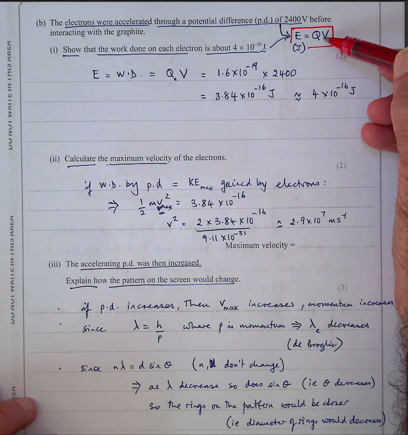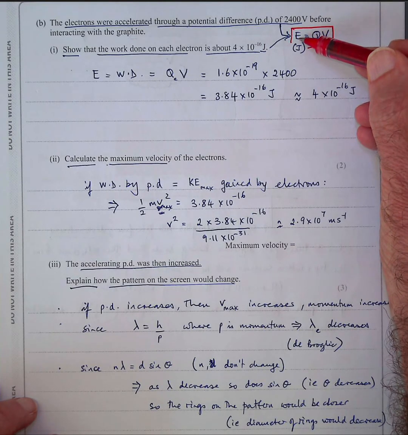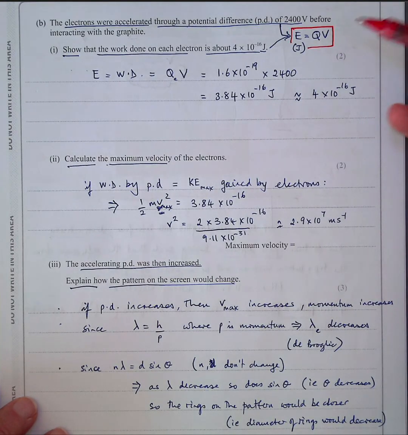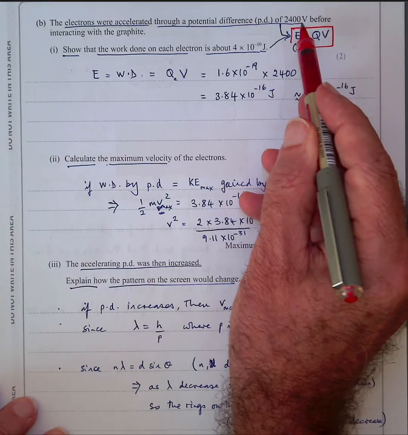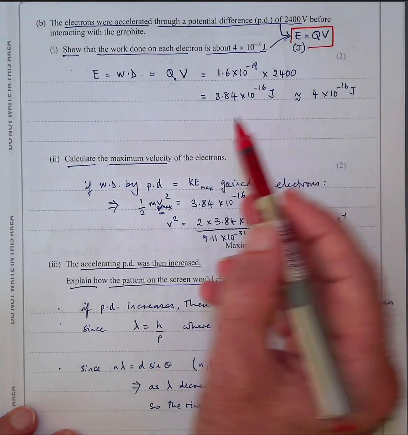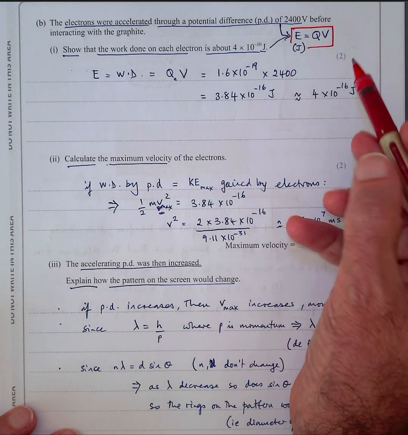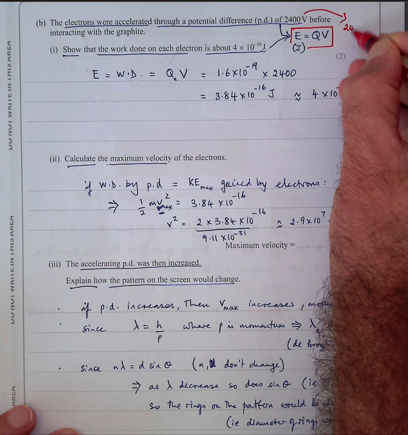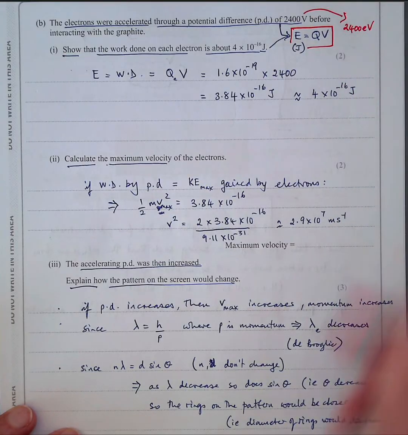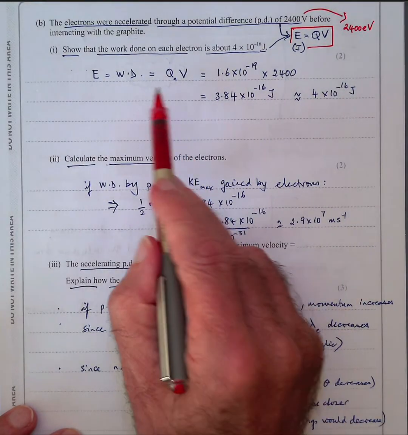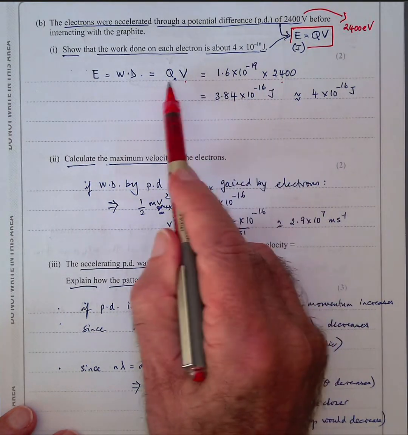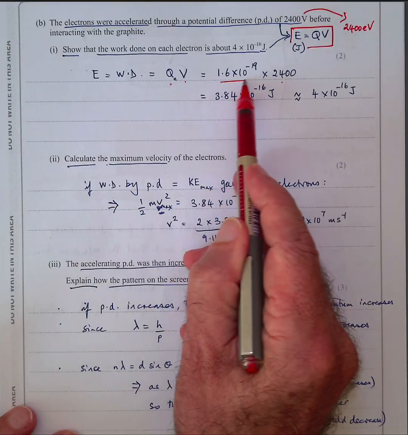So if you want the electrons to gain kinetic energy, the energy will come out as kinetic, and you do that by putting a positive potential in front of it, which we've put as 2,400 volts. So they will gain what we call 2,400 electron volts, which you may be getting used to. So 2,400 electron volts would basically be the 2,400 volts multiplied by the charge of one electron to get it into joules.